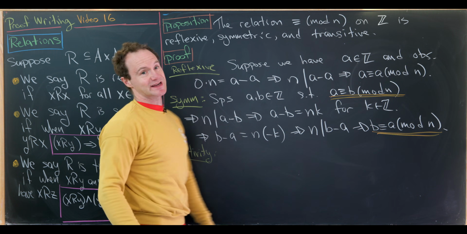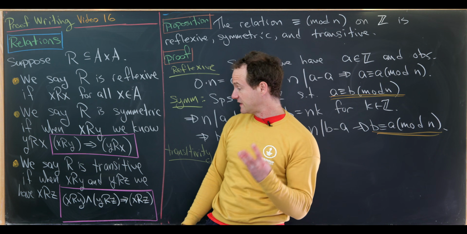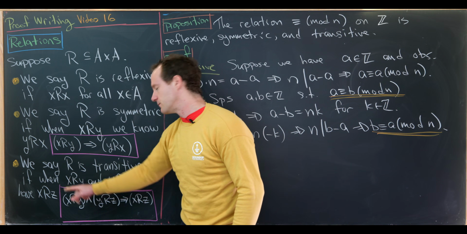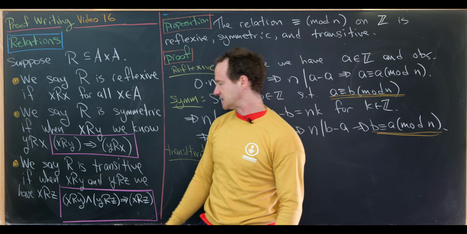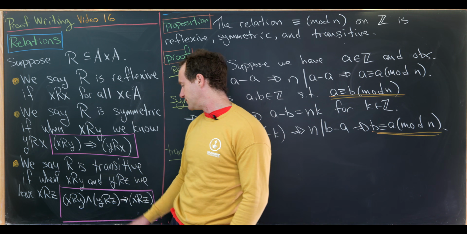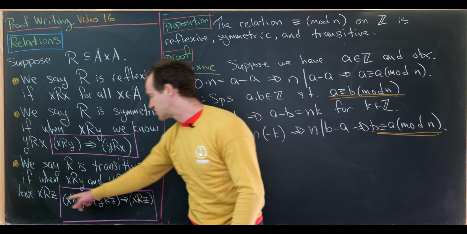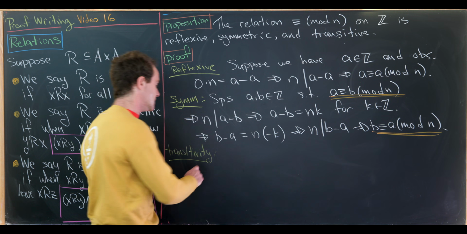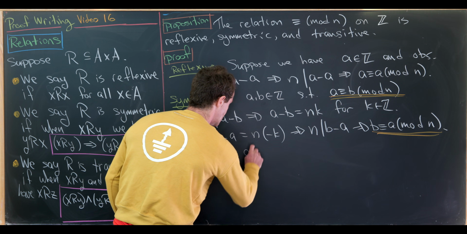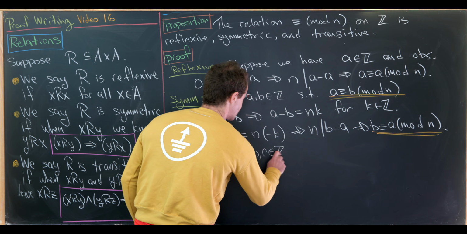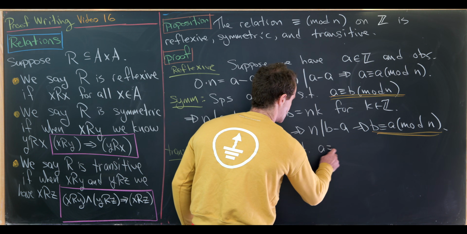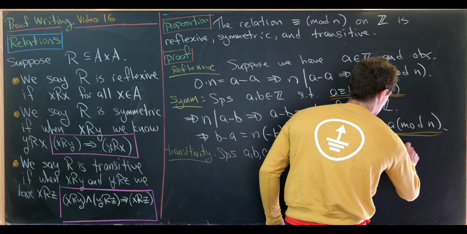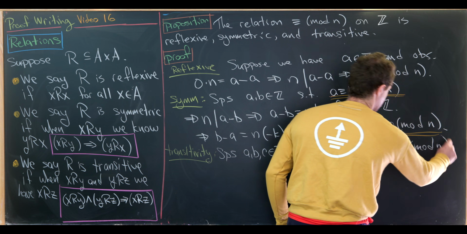For transitivity, we need to start with three things that are related in this sort of scenario. Maybe we'll use a, b, and c here. We need a to be related to b and b related to c, and then we need to show that a is related to c. But remember, our relation here is congruence mod n. So let's suppose we have a, b, and c, which are integers, such that a is congruent to b mod n, and b is congruent to c modulo n.